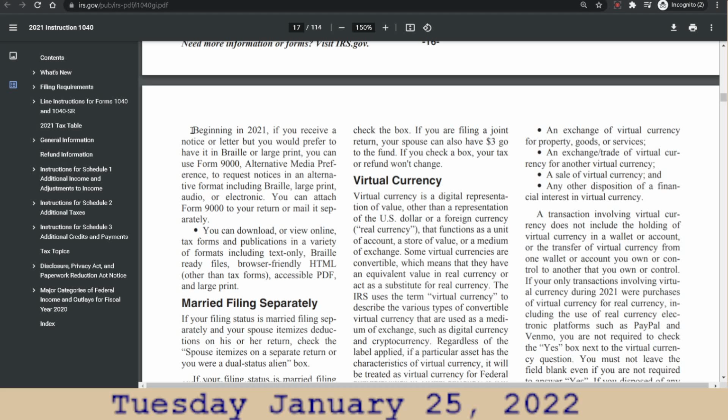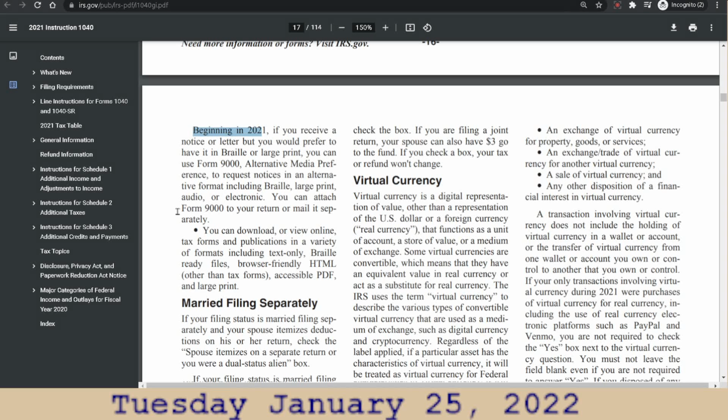Listen to this. See, this is very important. Beginning in 2021, if you receive a notice or letter, but you would prefer to have it in Braille or large print, you can use Form 9000, Alternative Media Preference, to request notices in an alternative format, including Braille, large print, audio, or electronic.